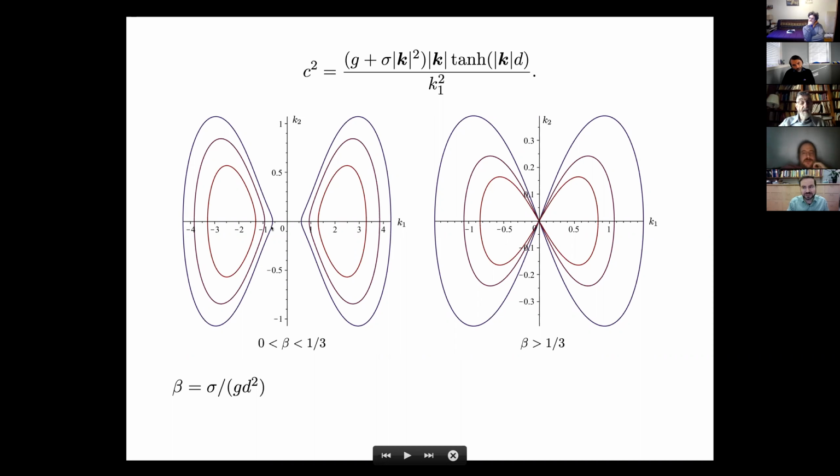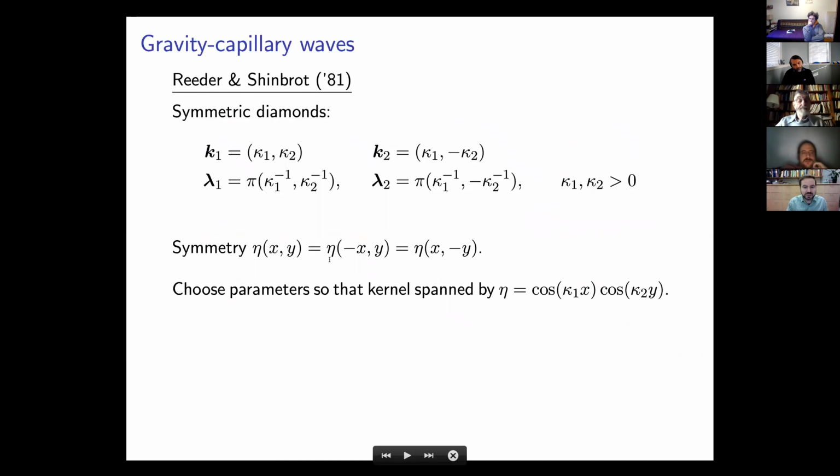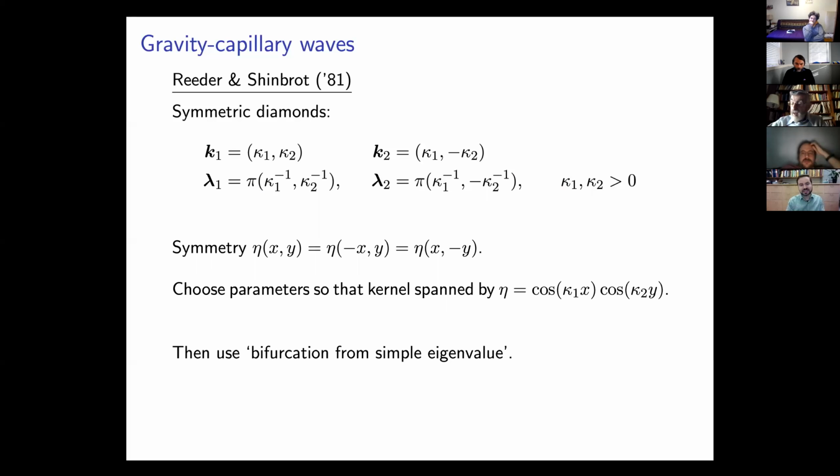That immediately gives you a four-dimensional kernel. So what these two symmetries do for you is that they allow you to reduce so that you just have a one-dimensional kernel, and then you can use bifurcation from a simple eigenvalue. This is essentially what Reeder and Shinbrot did, although they formulated it slightly differently.